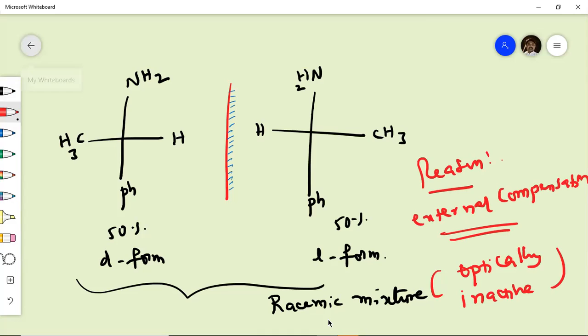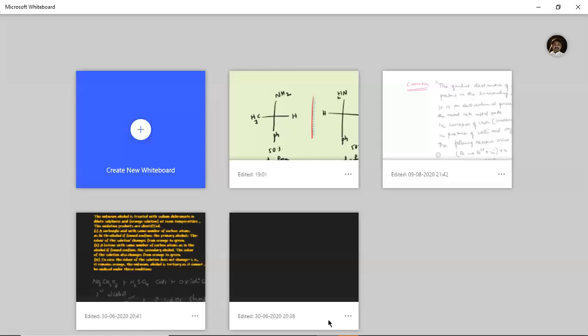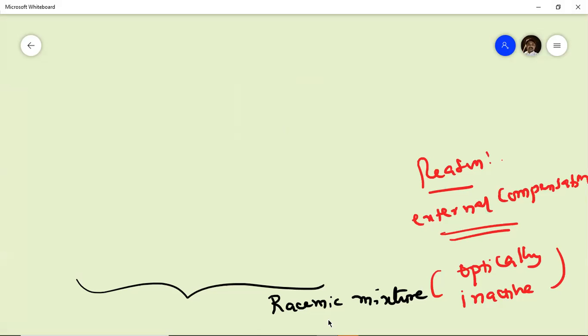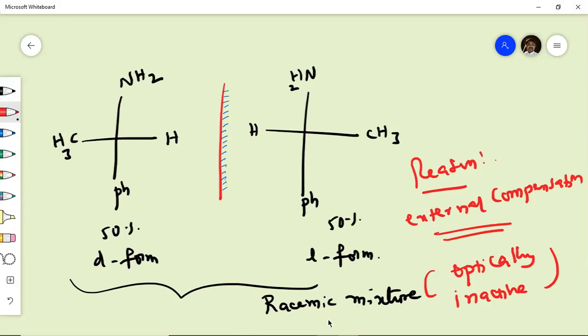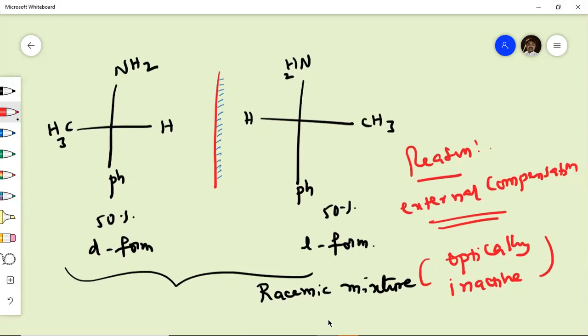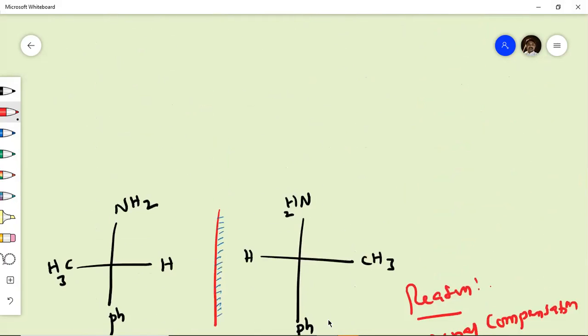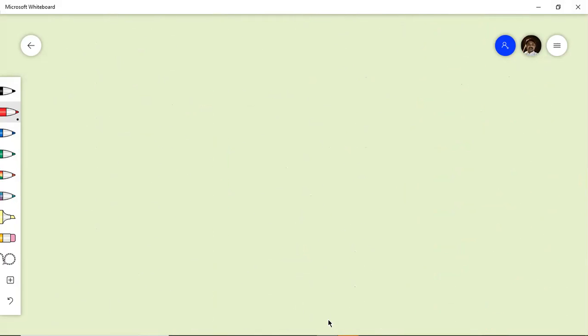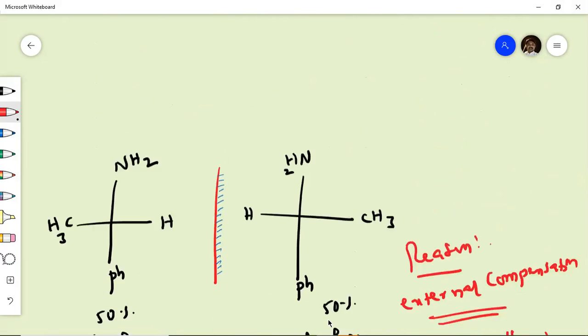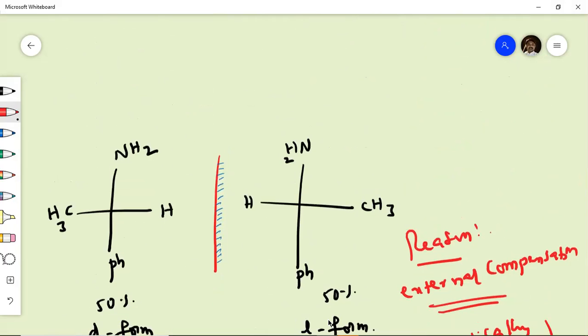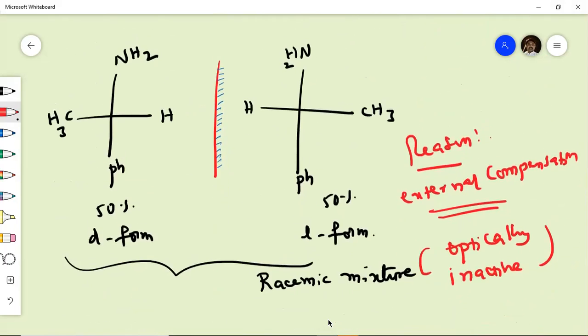So hope you understand the discussion we have done now: types of optical isomers. Not only that, we have observed the mesoform and what exactly the racemic form is in this discussion.